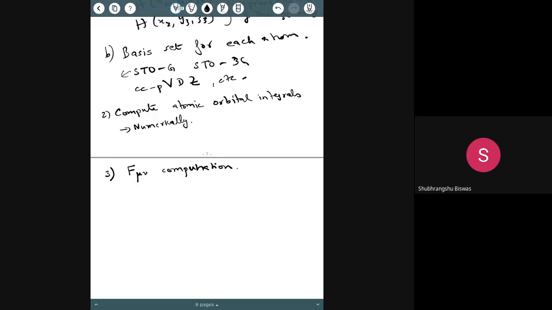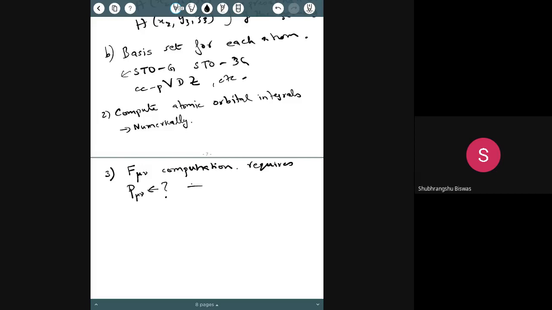Just knowing the basis or the atomic orbitals is not enough. This requires P mu nu. So where will we get this P mu nu from? P mu nu needs my MO coefficients, which are actually the answer to my equation.